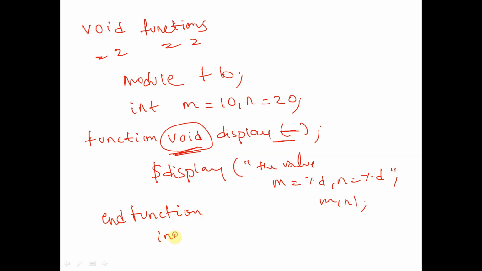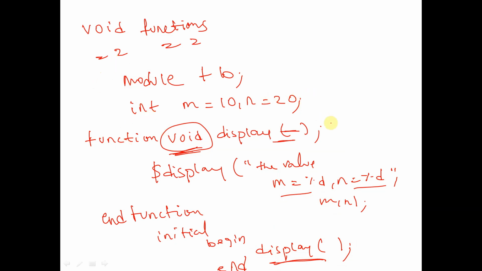Within an initial begin block, wherever I want to display the values of m and n, I can call this function display. The values of m and n will be displayed here. If I call it once, the values of m and n will be displayed once, and if I call it twice, they will be displayed twice.